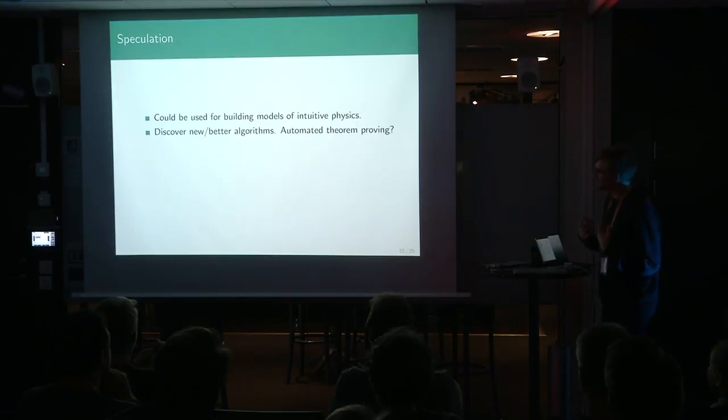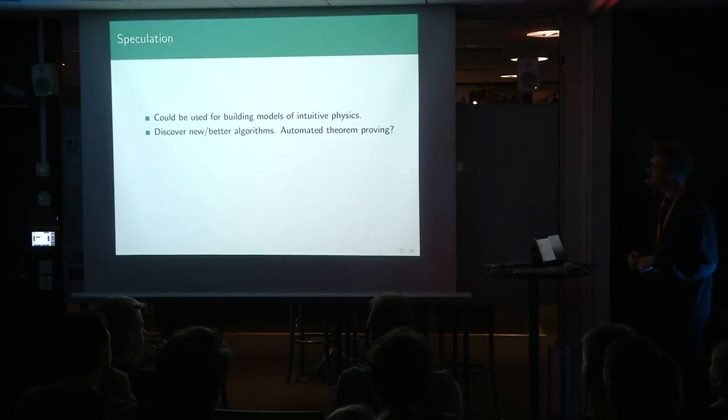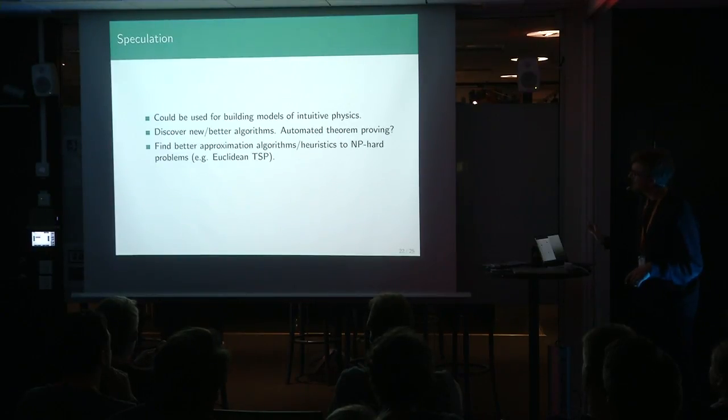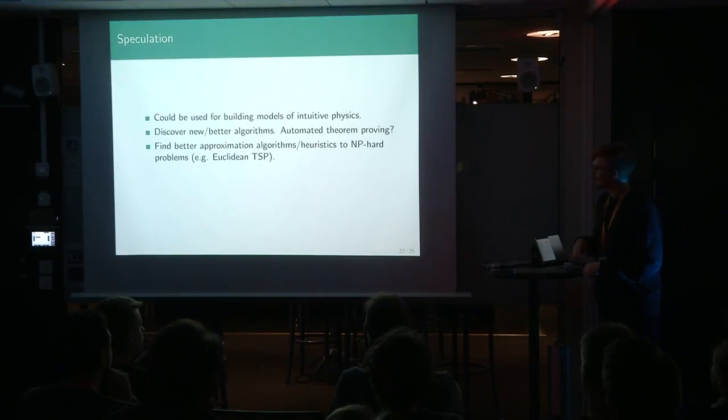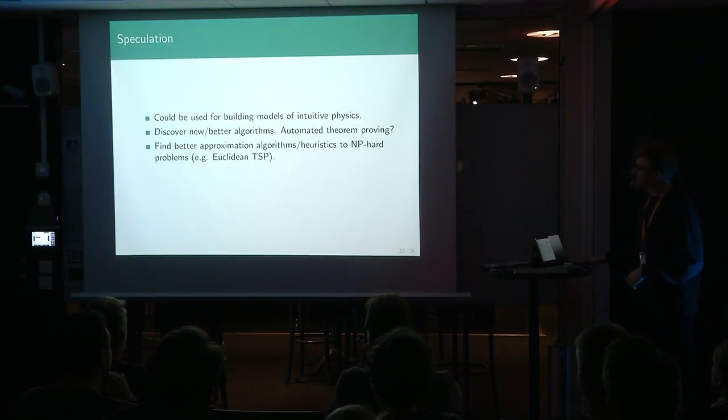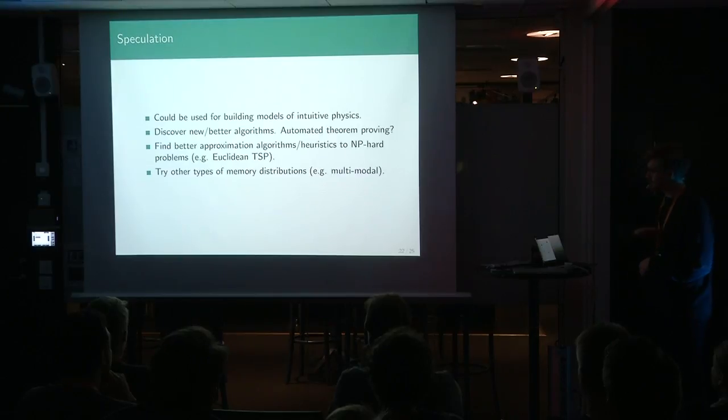And you can potentially use it to discover new and better algorithms, maybe for automated theorem proving, things like this, and also finding approximation algorithms or heuristics for NP-hard problems like Euclidean TSP. There's at least one paper addressing this. And also, you can try all sorts of memory distributions. Yeah, that's it. Thank you.